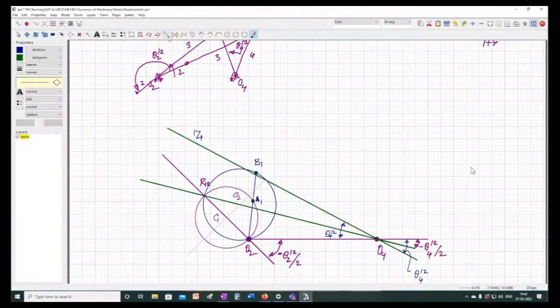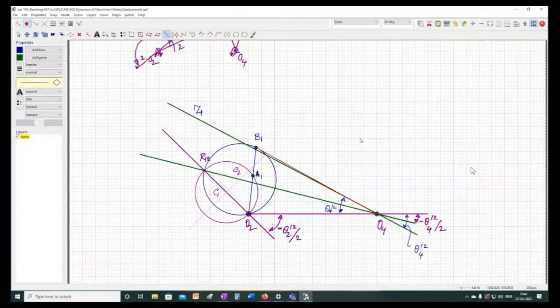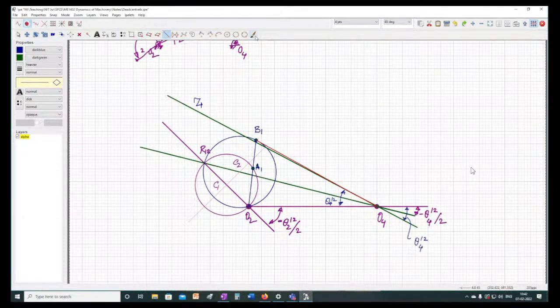So your mechanism now is O2, A1, B1, and then B1 to O4. O2, A1, B1 and O4.